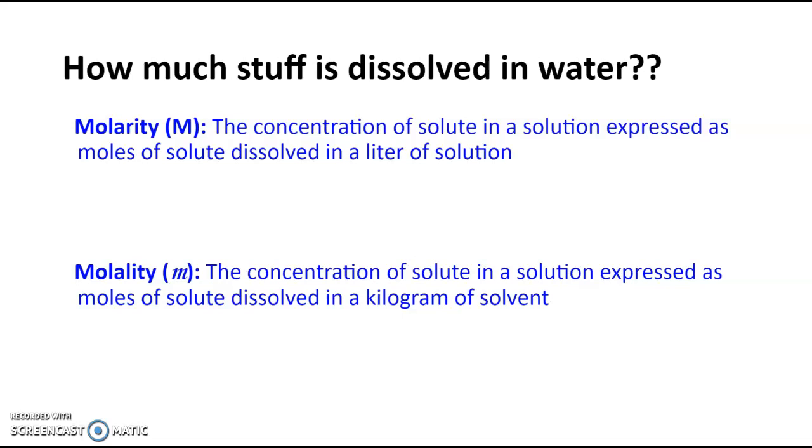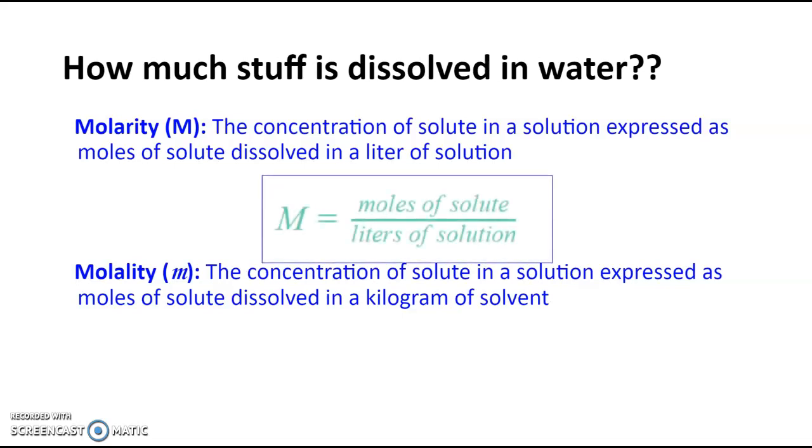But a kilogram of solvent means you would measure the mass of the solvent before you add the moles of solute. So in molarity, you're going to add your moles of solute, and then you're going to fill your container to 1 liter to have a liter of solution. In molality, you get a kilogram of solvent, and then you add your solute afterwards. So it's a little bit different.